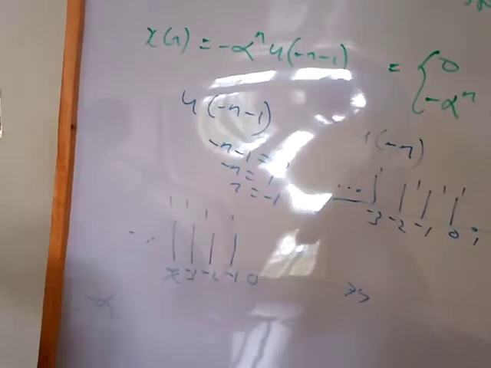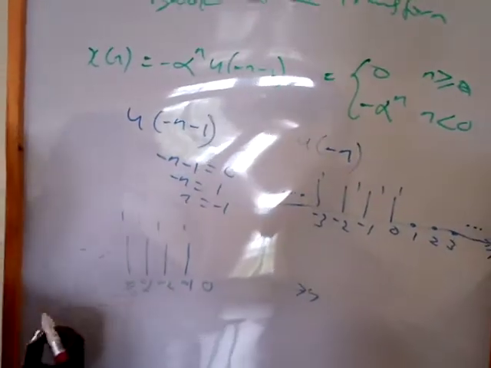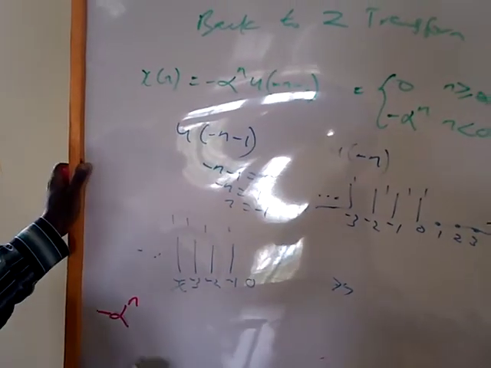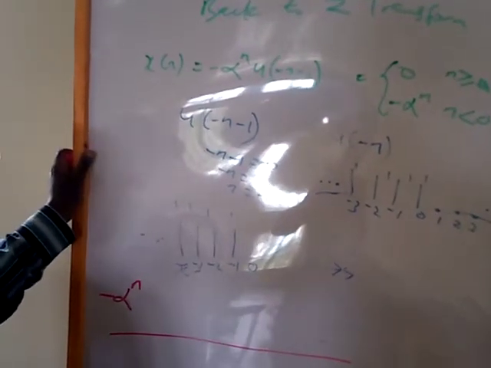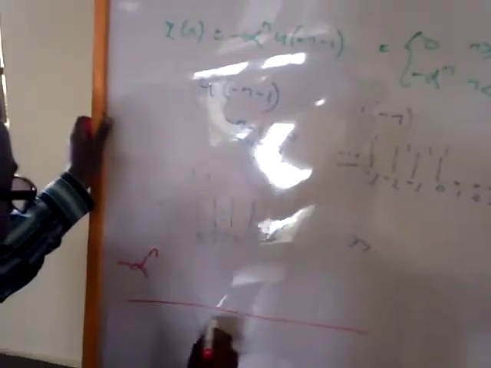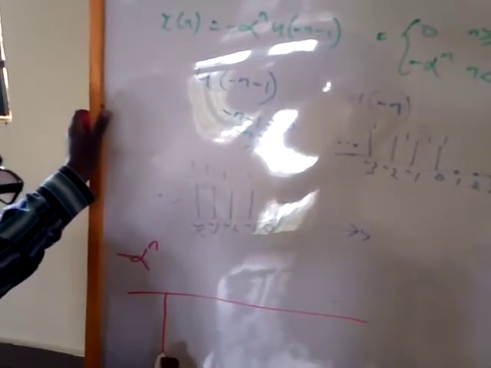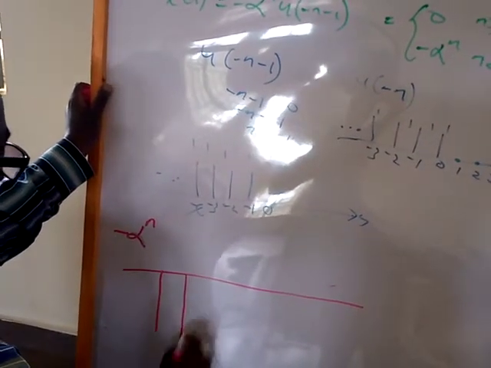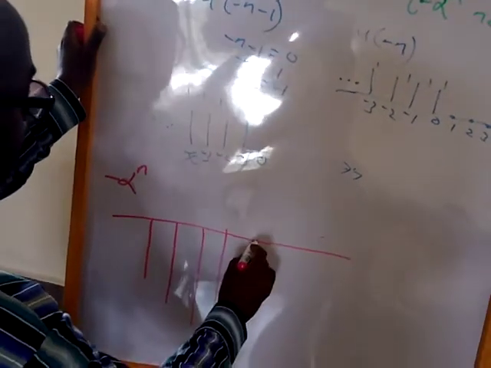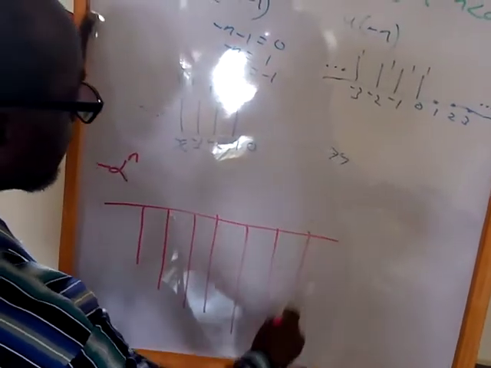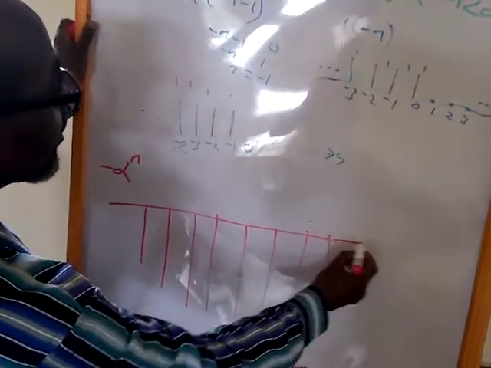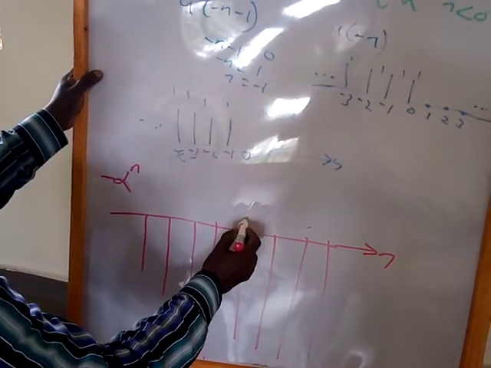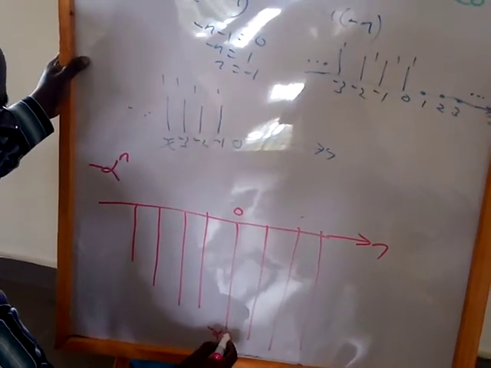We have minus alpha n, which will be like this. If this is 0, it will be minus alpha raised to power 0.